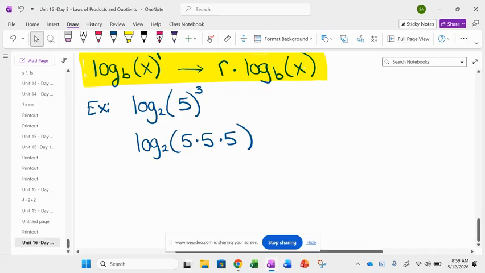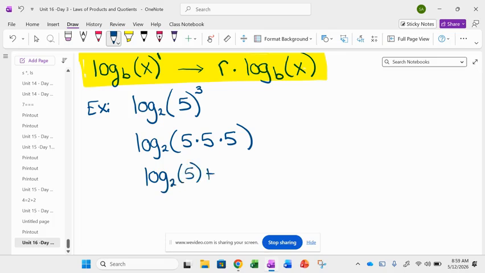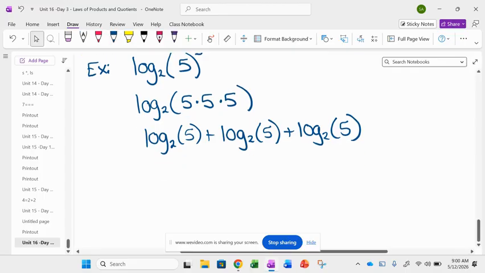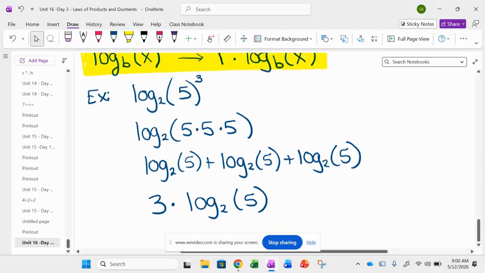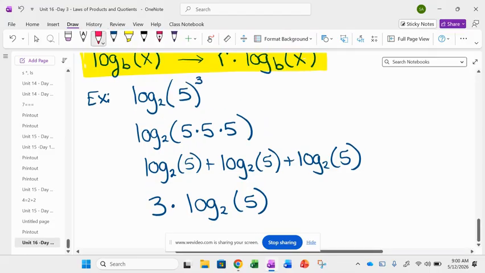Okay, and now because there's multiplication in my argument, isn't this the same as log base 2 of 5 plus log base 2 of 5 plus log base 2 of 5? And isn't that the same as saying 3 times log base 2 of 5?